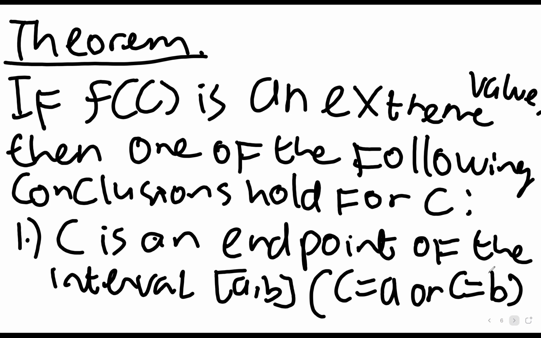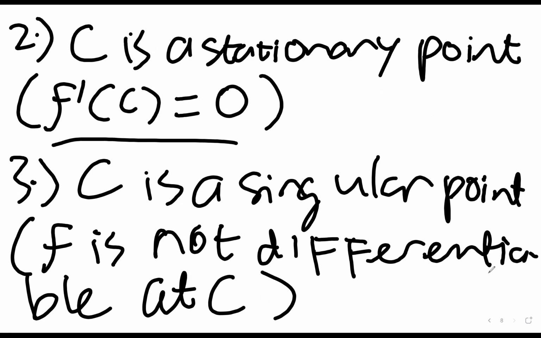The first: c is an endpoint, so c is equal to a or equal to b. The second possibility is c is a stationary point, namely f prime of c equals 0. The third possibility: c is a singular point, namely f is not differentiable at c.